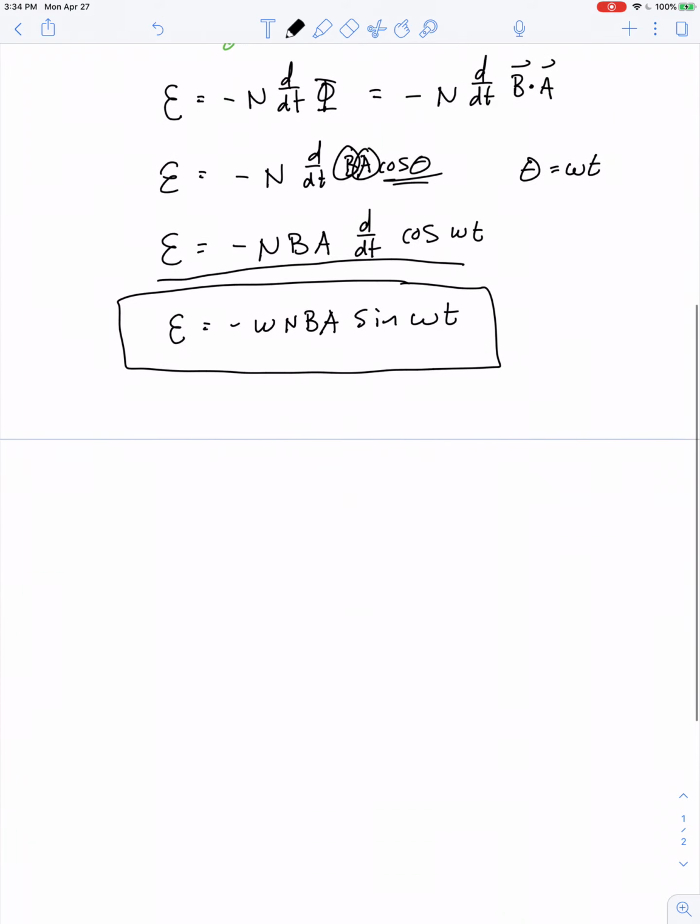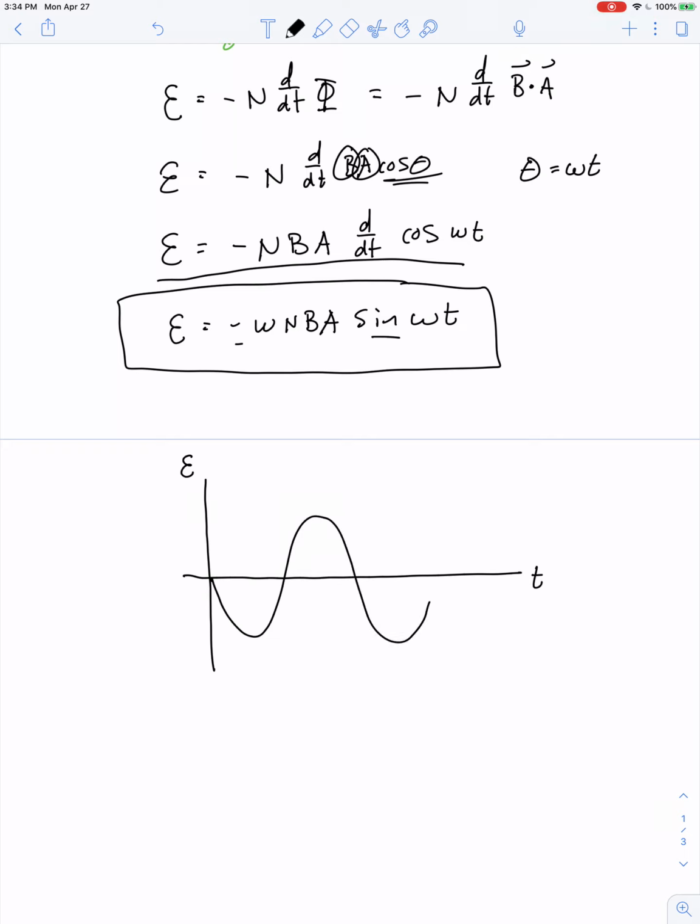If we were to graph this output voltage, it would look something like this. Well, it would just be a graph of negative sine, with a maximum value equal to positive omega NBA and a minimum value equal to negative omega NBA.